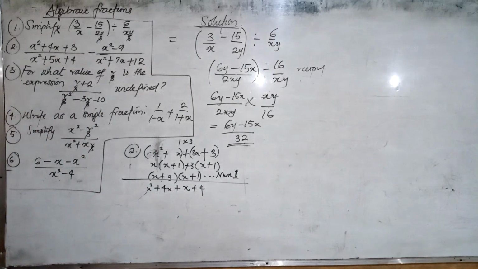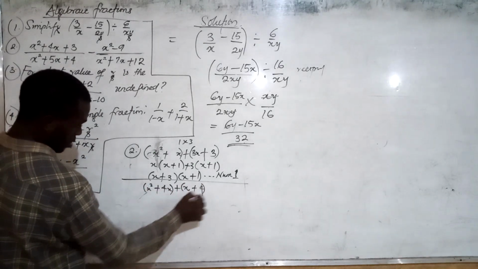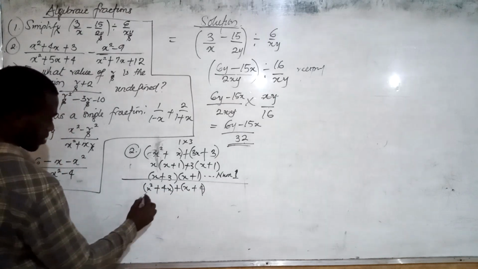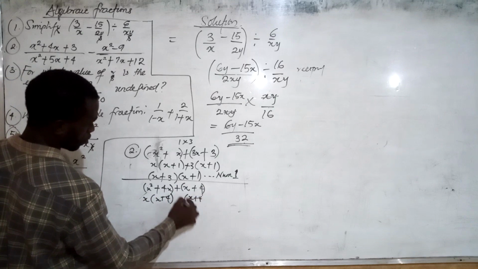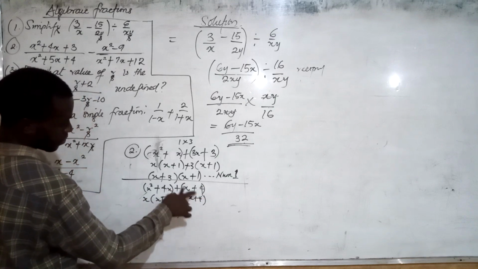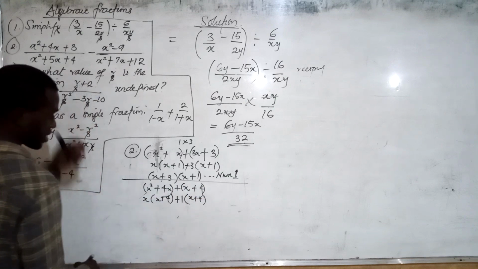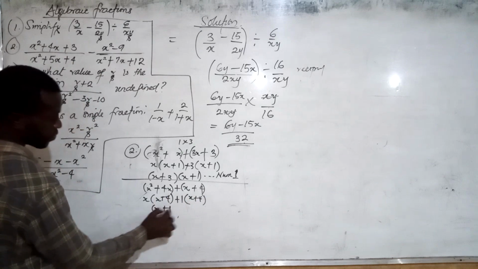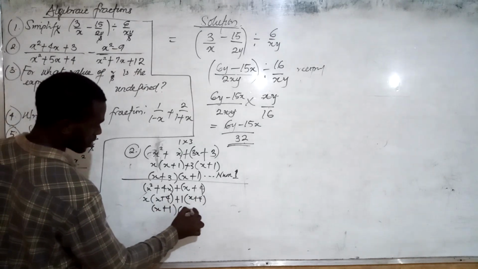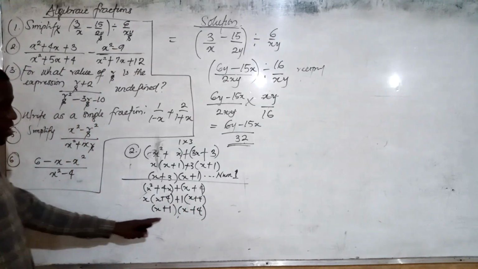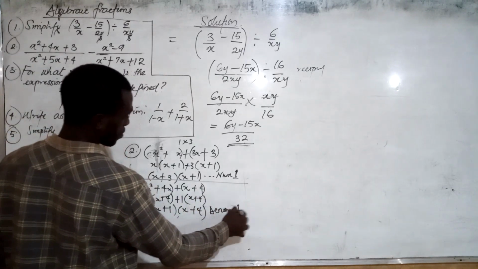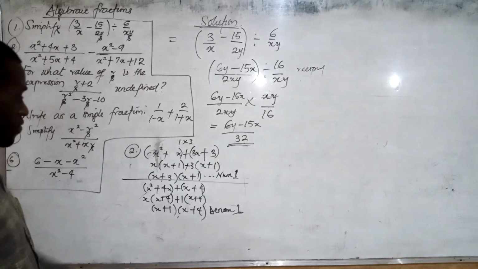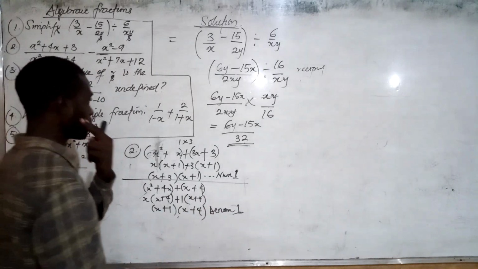Yeah, so that we have x, we now factorize, then we're going to have x into bracket x plus 4, and we repeat that x plus 4. So what we use to multiply this to give us this will be 1, and we repeat that sign. So we have x plus 1 and x plus 4. So these are the roots of the equations. So we have denominator 1.